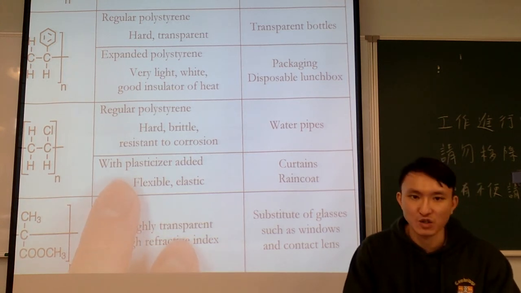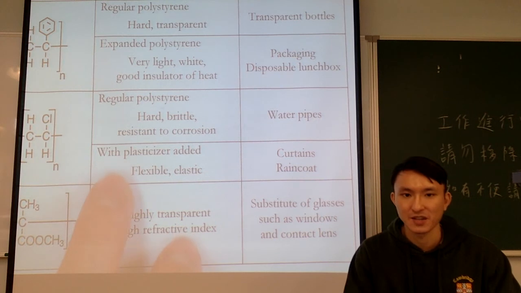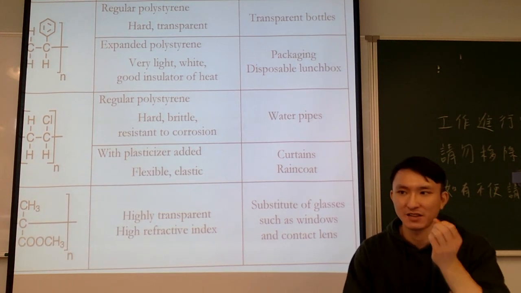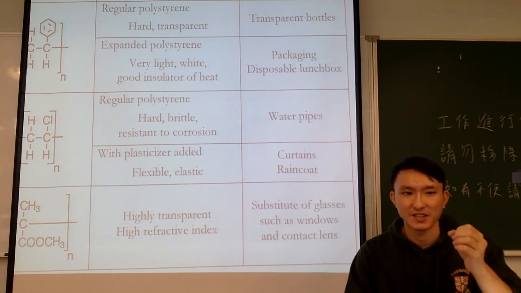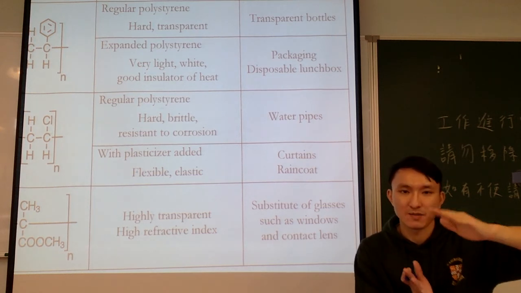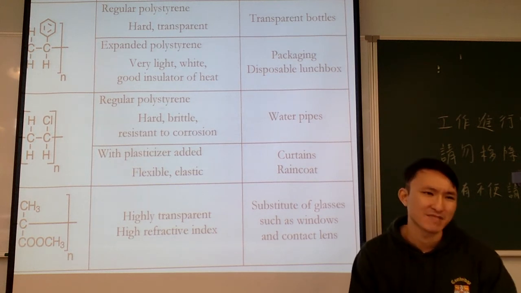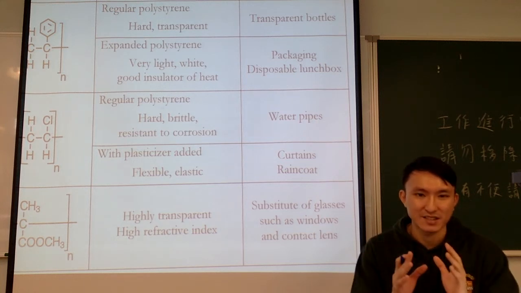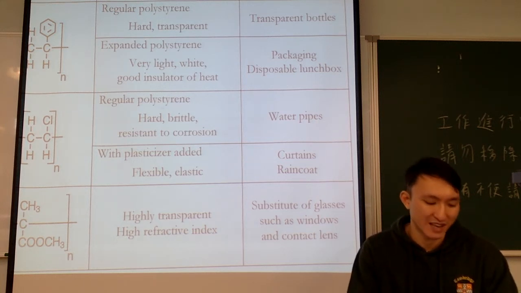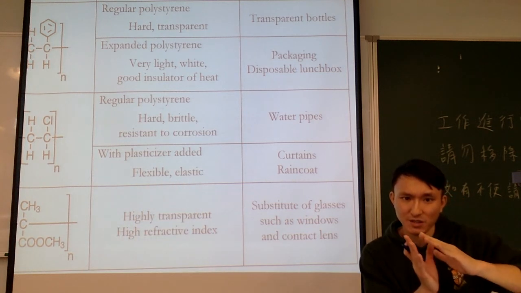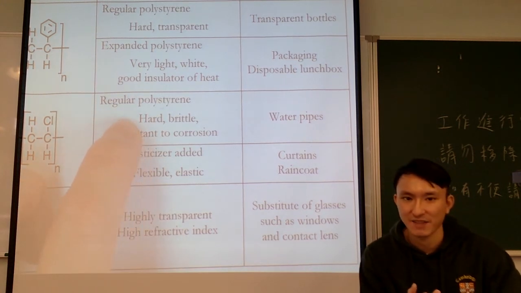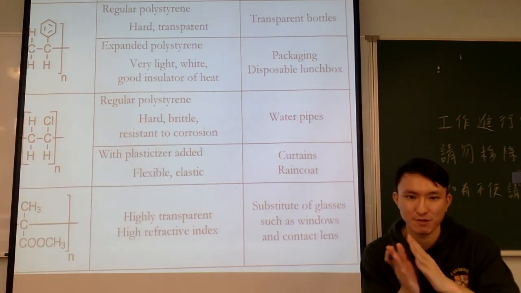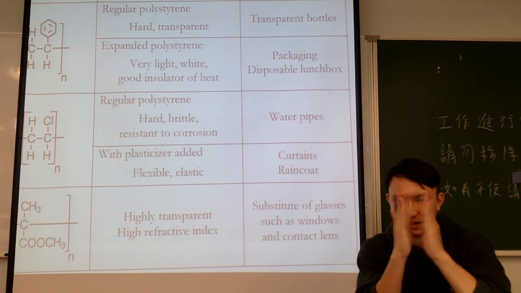Now we can also add plasticizers. Plasticizers are small molecules that space out the polymer chains, making the chains less closely packed, therefore more flexible and more elastic. Because if they pack very closely with strong intermolecular forces, they tend to be hard and brittle, because relative motion is hindered when they are packed so close.